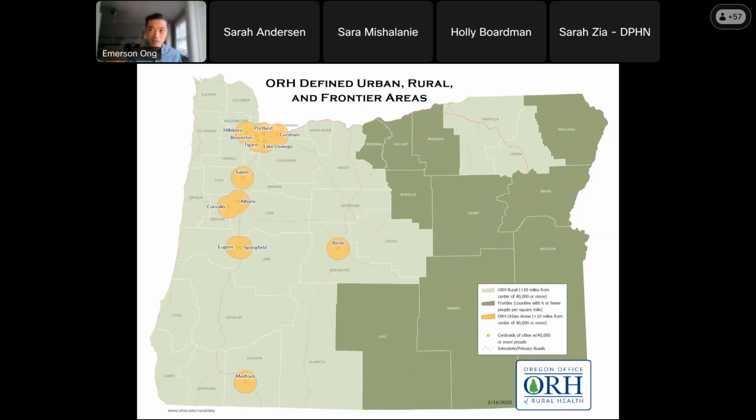Frontier is a county that has 6 or fewer people per square mile, and then everything else is rural. So this map is from last year when we wrote the report. In December, Grants Pass went over 40,000 for the first time. And so in subsequent years, Grants Pass will have a buffer around it indicating that it's urban.